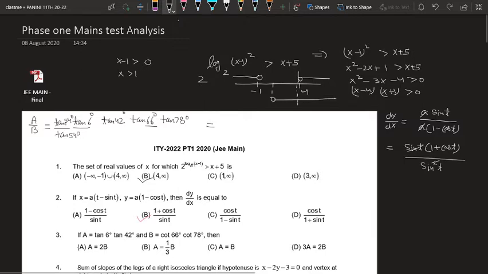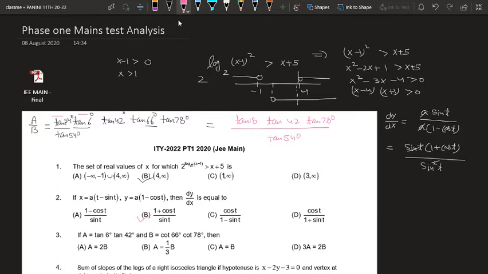If we apply that formula for 54, 6 and 66, we get tan 18 degree, tan 42, tan 78 divided by tan 54.